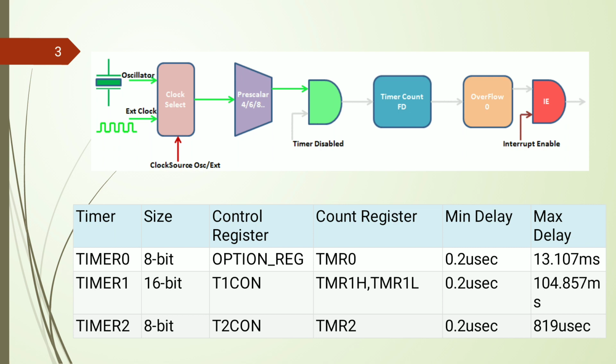Here the clock select signal decides whether internal pulse or external pulse is used. After that, these pulses are applied to the prescaler circuit. As per the ratio and range available for the respective timer, the prescaler decides which ratio is selected, and after that increments by 1 on reaching the prescaler count.